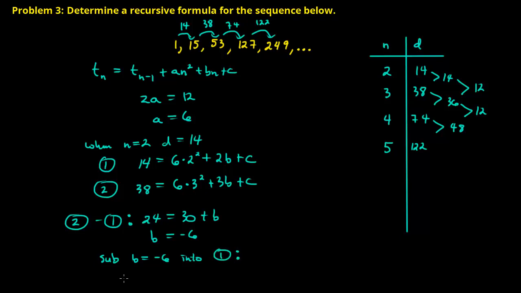And if we do that, we get that 14 is equal to 6 times 2 squared, which is 24, plus 2 times negative 6 plus c. So we've got an equation now that we can solve for c because it's one equation, one unknown. So we've got 24 plus negative 12, which is just 12. And so 14 minus 12 is 2. So we've got that c is equal to 2.